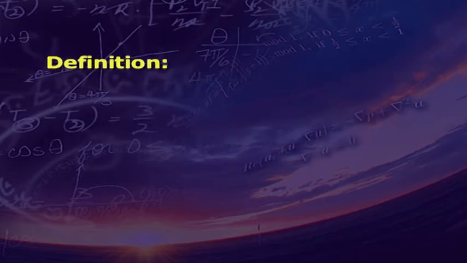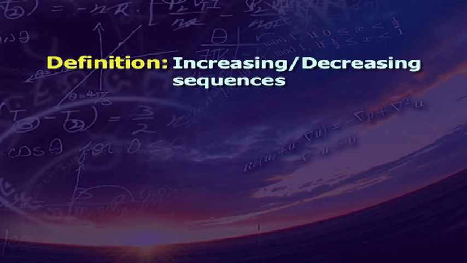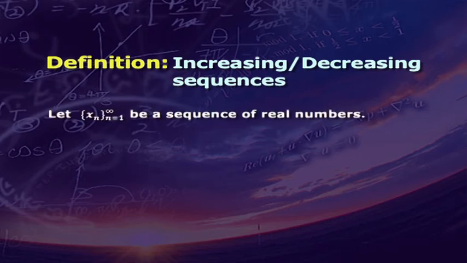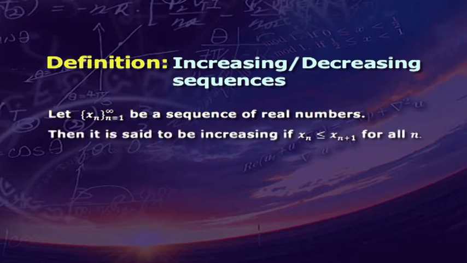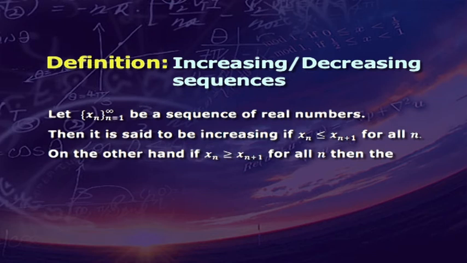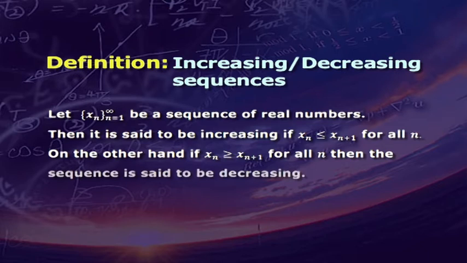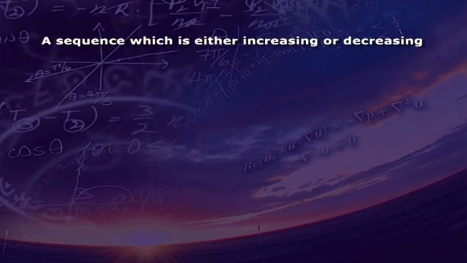Definition: increasing or decreasing sequences. Let x_n be a sequence of real numbers. Then it is said to be increasing if x_n is less than or equal to x_{n+1} for all n. On the other hand, if x_n is greater than or equal to x_{n+1} for all n, then the sequence is said to be decreasing. A sequence which is either increasing or decreasing is also called a monotonic sequence.